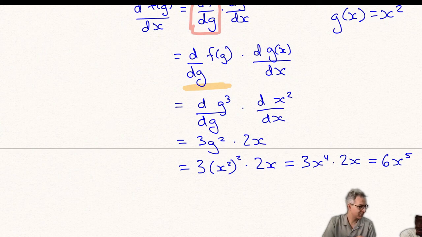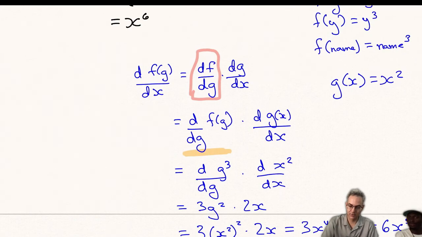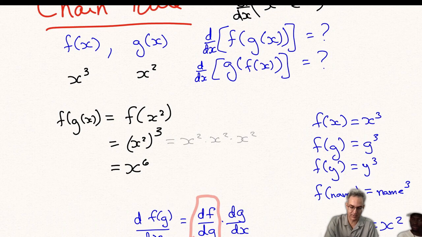Let's check if this is correct. Remember, at the start we said, because these are very simple functions, we can do the composition, and if I compose the two, I get x to the 6th. So I could also say, what is the derivative of x to the 6th? That's 6x to the power 5.